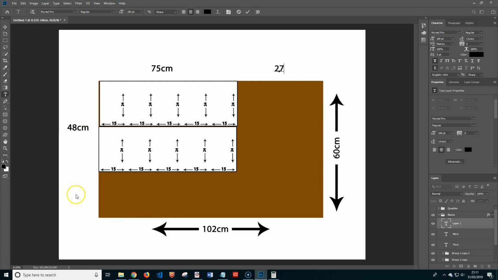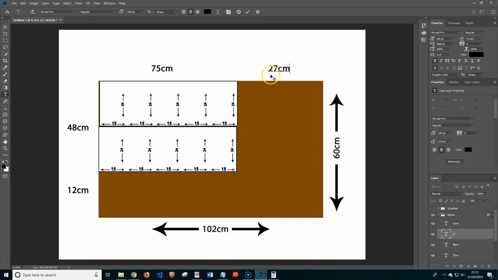So we're left with 12 for down here. So if we put in 12 there. That's actually 12 centimeters. And that's actually 27 centimeters.